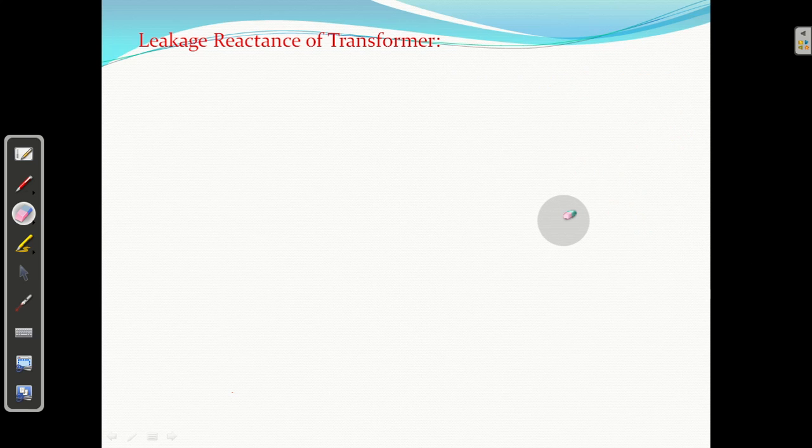Next, I'm going to talk about the referred values. What are referred values? Actually, we know in an actual transformer, you can see here, this is the primary side. Clear?